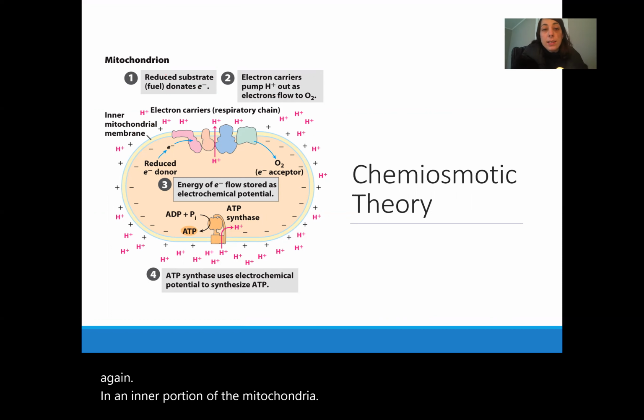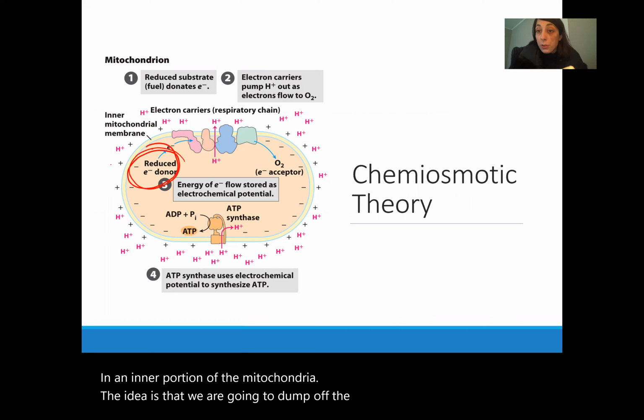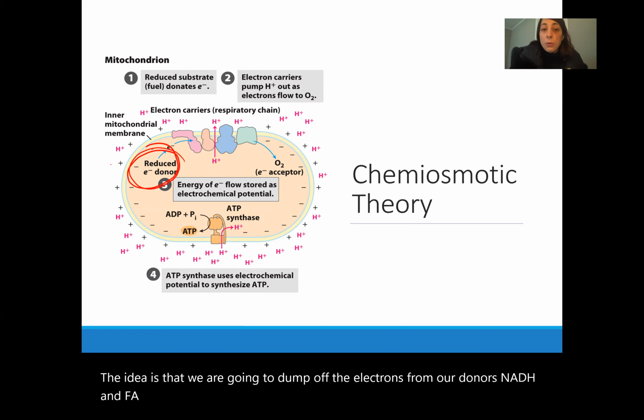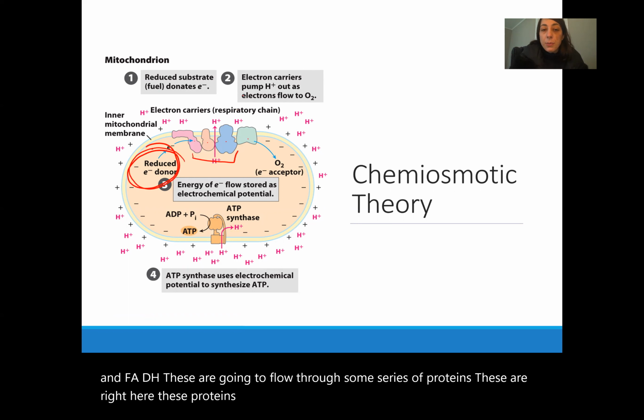The idea is that we are going to dump off the electrons from our donors, NADH and FADH2. These are going to flow through some series of proteins. These are right here, these four proteins.